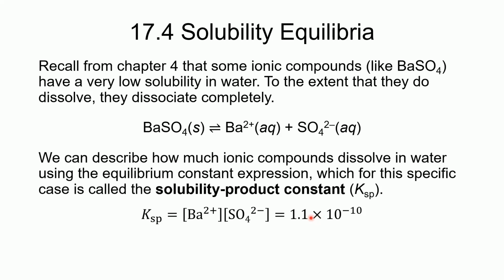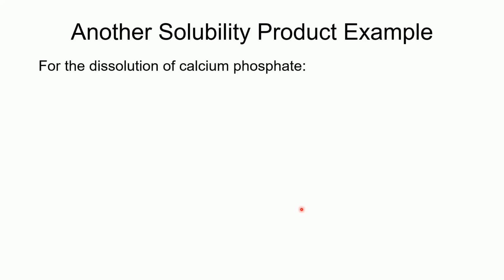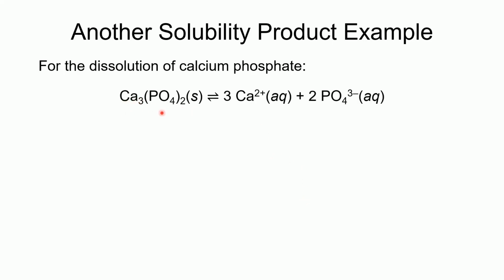Let me show you another example of a solubility product. So here is the dissolution of calcium phosphate. Because calcium has a 2+ charge and the phosphate has a 3- charge, the way that we get a neutral compound is to have 3 of the calciums and 2 of the phosphates. That means that to the extent that it actually dissociates, we're going to get 3 calcium ions and 2 phosphate ions.